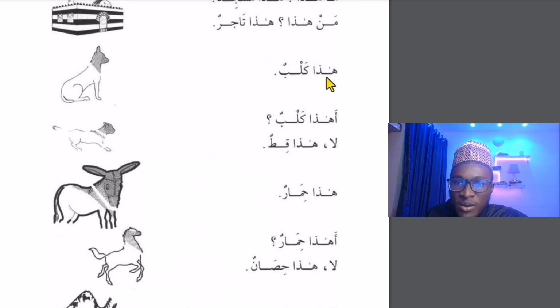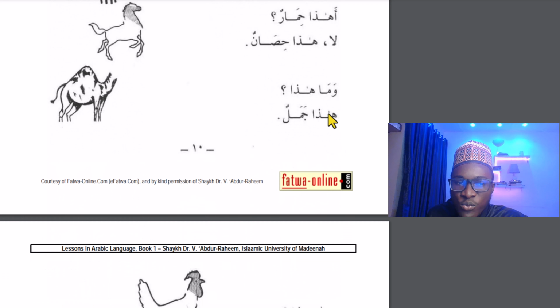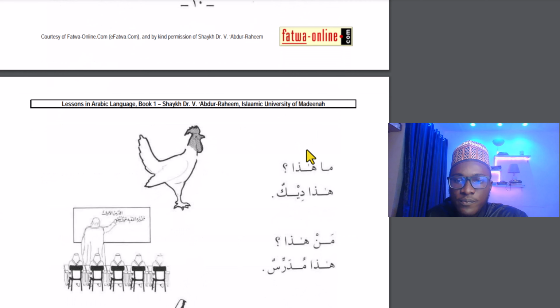We have talked about everything from the top, then we want to finalize it. We now say wama hadha, and what is this? Now we respond and said hadha jamalun, this is a camel.